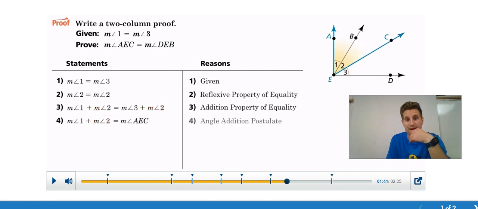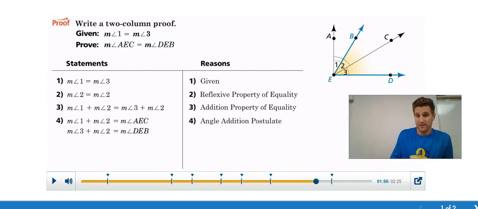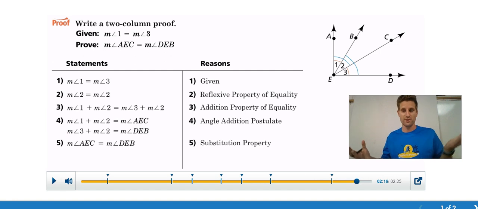And then they did angle addition postulate for both angles, which we started with first, and then we did the equal sign by using substitution. So either way works for us. That's fine. Then they go ahead and substitute it in. So, very similar to how I did it, but slightly different. Are both correct? Yeah, both are fine.